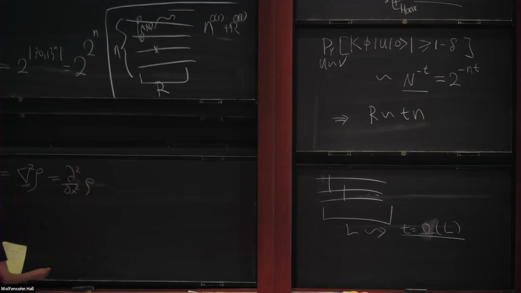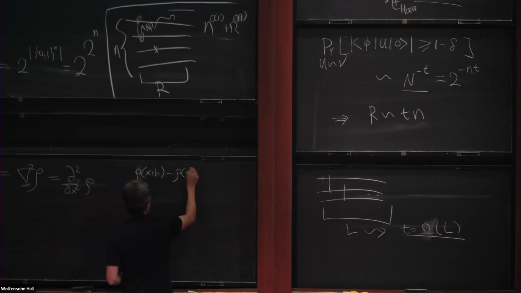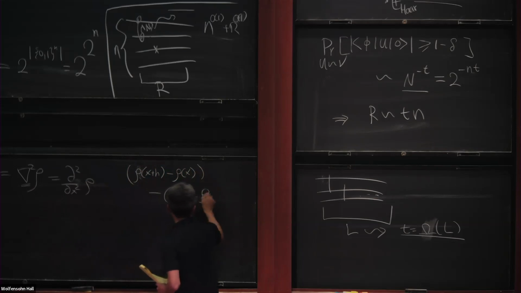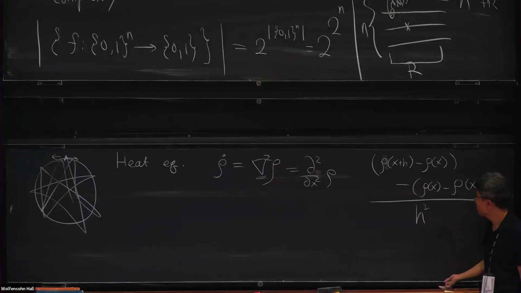But what's a second derivative? It is, if I have a... for very small h, that's a second derivative for a nicely behaving function rho.